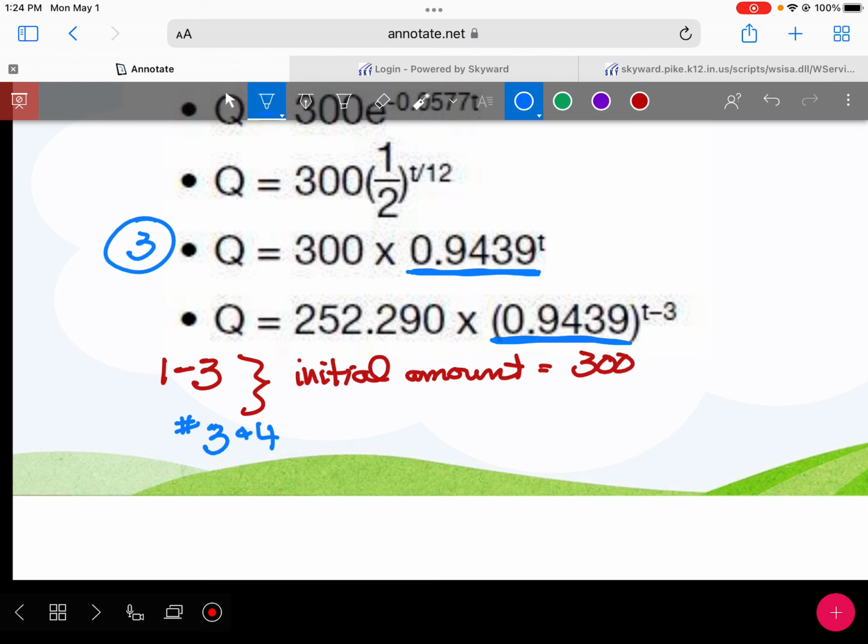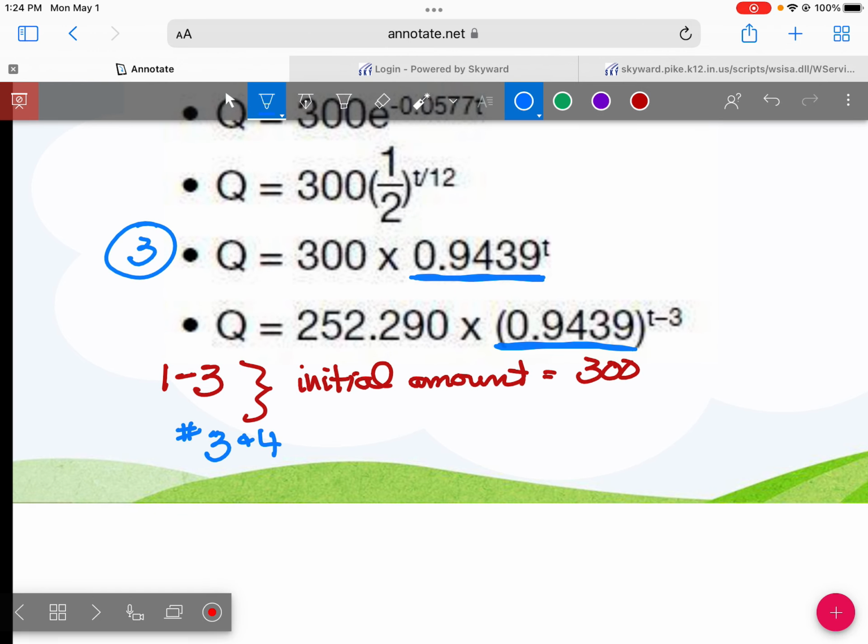Decay. How do we tell? Remember, it's always 1 plus or minus your rate. And because that is 0.9, that means it must be minus the rate. So we're talking about decay, okay?